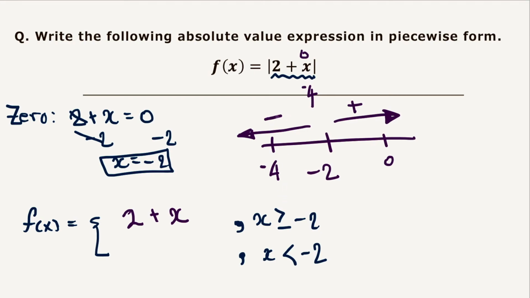So in order to make that positive, we need to put an extra negative, because you know negative times negative gives you positive. So here you go. And if you don't like this way, you can open it up by applying this negative sign through. So it's going to be negative 2 minus x. Either format will be correct.